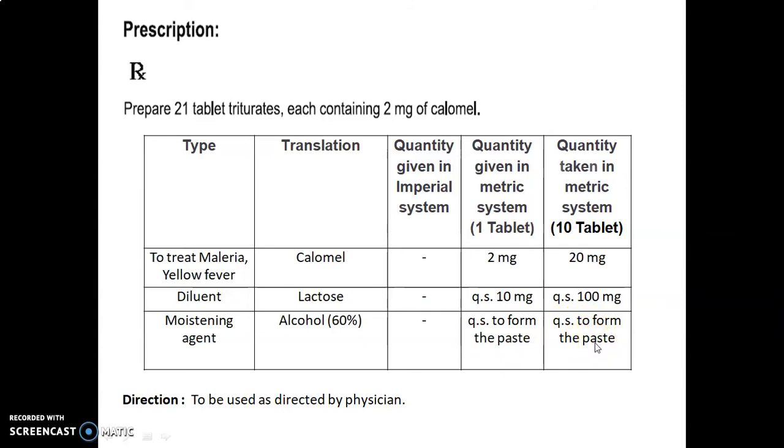Direction: to be used as directed by physician.